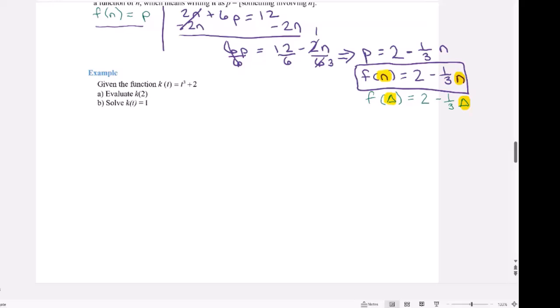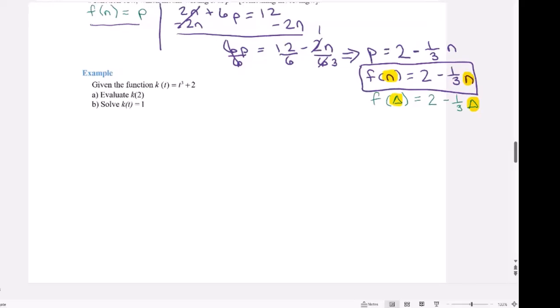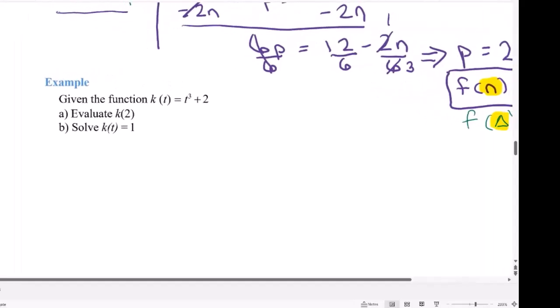Okay. Getting back to this, given the function k of t equals t cubed plus 2, let me make this a little bigger. Notice again, k is a function of t. Okay? So we have evaluate k of 2. So again, everywhere I have a t, instead of putting a t, I put parentheses.